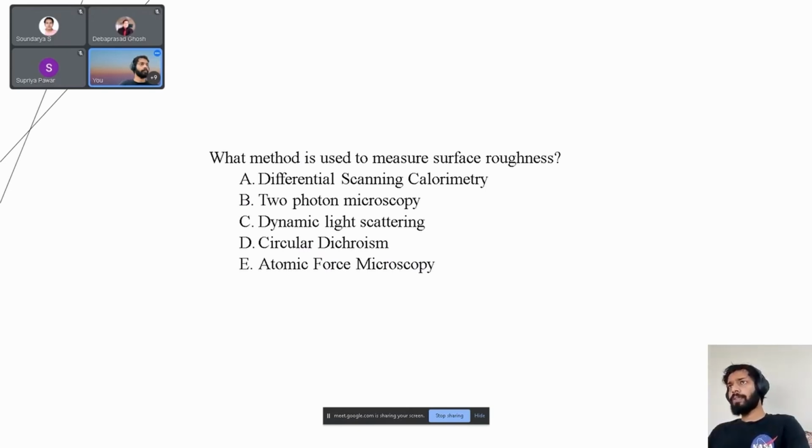What method is used to measure surface roughness? Okay, so how do you measure the surface roughness? Differential scanning calorimetry, two-photon microscopy, dynamic light scattering, circular dichroism, or atomic force microscopy.